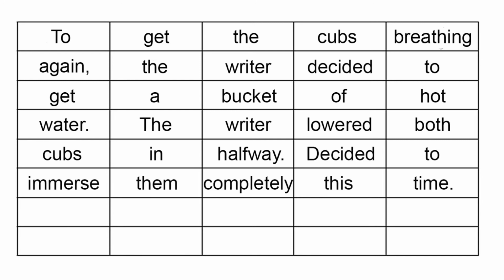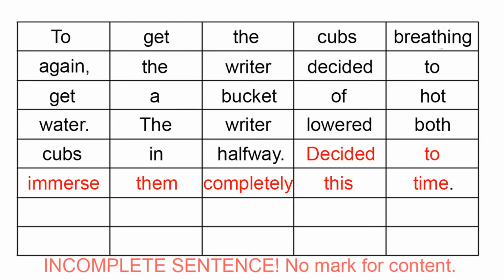Decided to immerse them completely this time. Okay, what is wrong with this sentence? Anything wrong? Yes, it's so wrong because this is actually an incomplete sentence. Why is it an incomplete sentence? Because there is no subject.